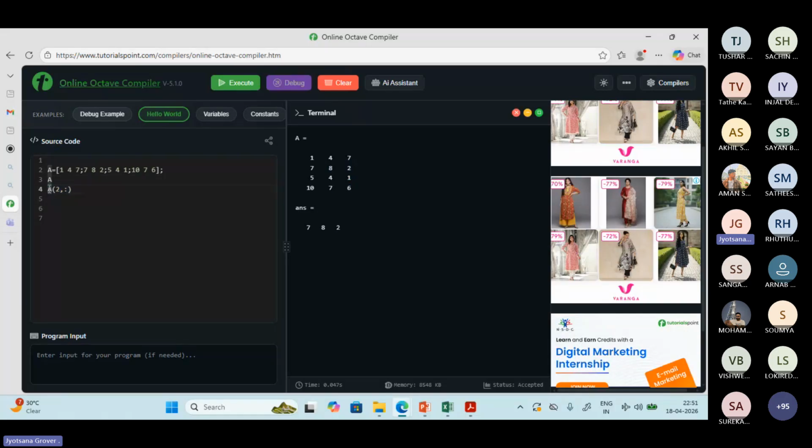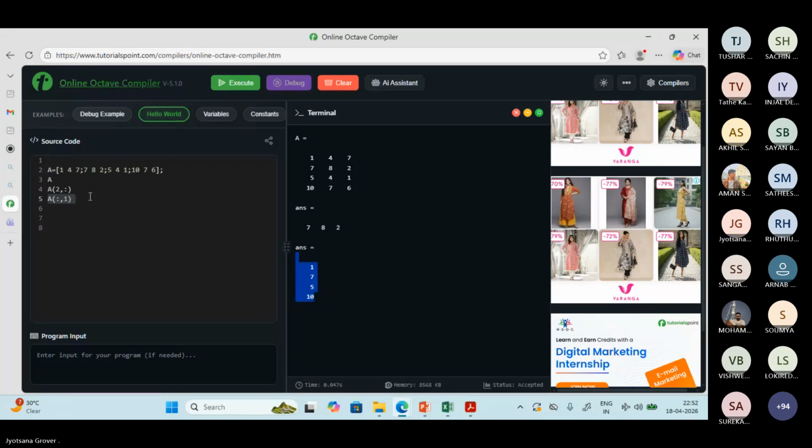So if you have to take the second row, you'll take 2 comma colon. Colon will represent all the entries of the second row. Now suppose A colon 1. Here the second index represents the column, so it will show all the entries of column 1. Is it okay?